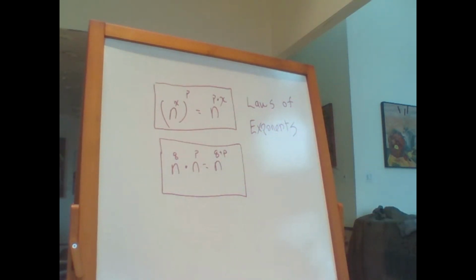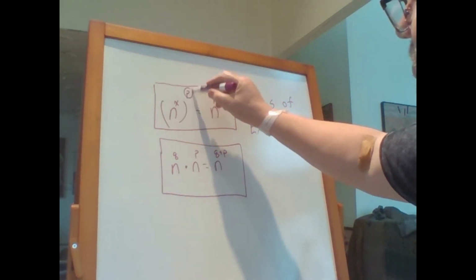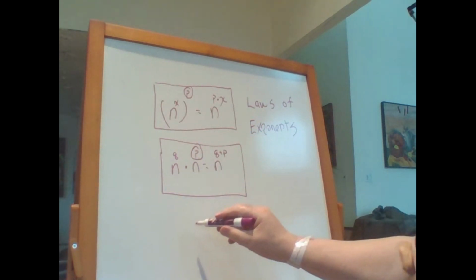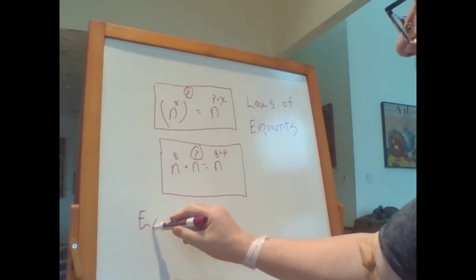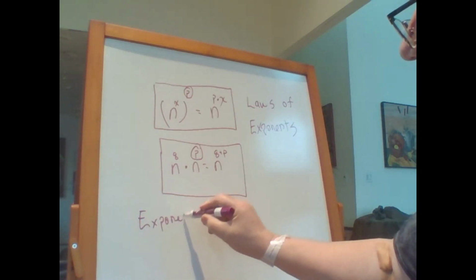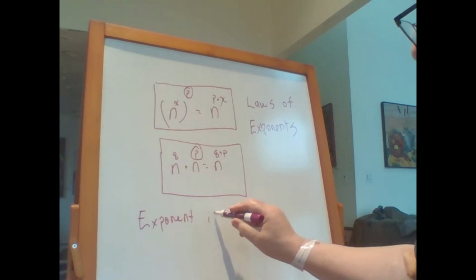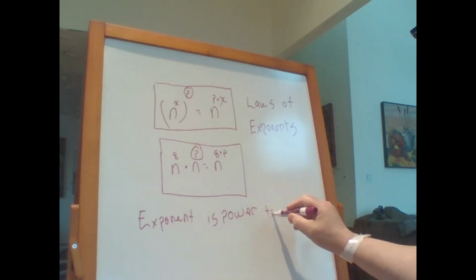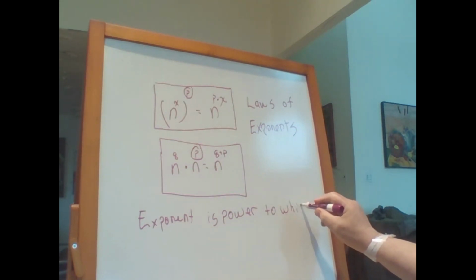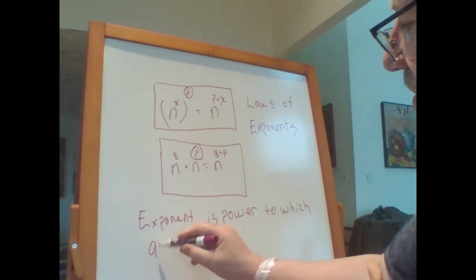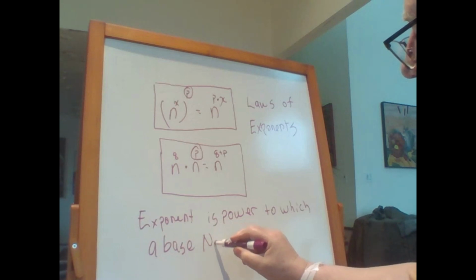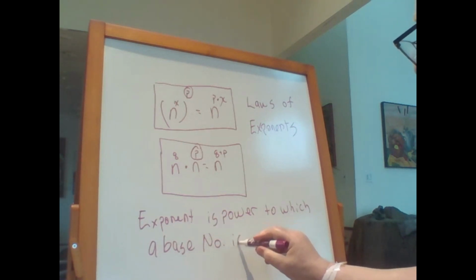And if I hadn't explained before, this is an exponent. That is an exponent. The power, an exponent, is the power to which a base number is raised.